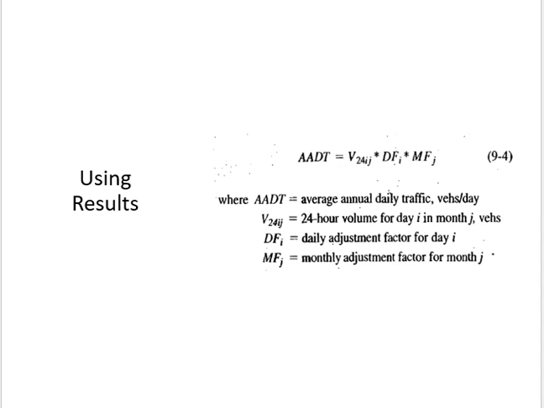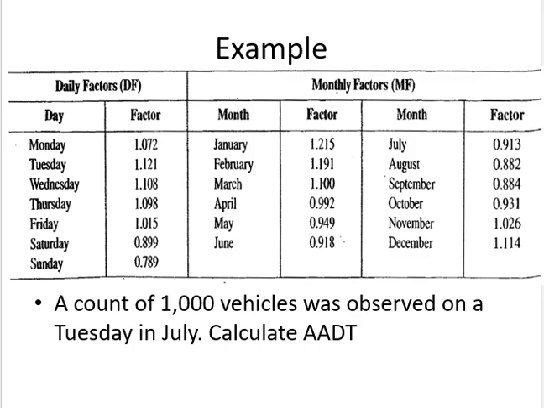So the control you already have. Using that we calculate adjustment factors. From the adjustment factors, we calculate the AADT for the coverage. A very simple example: let's say for a control count location, the factors were taken as these.